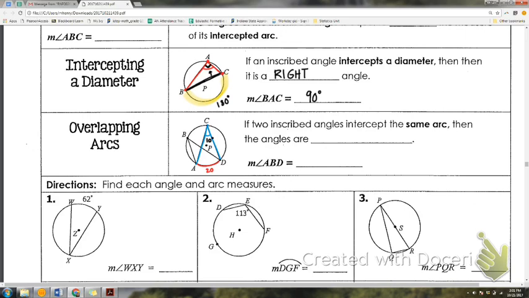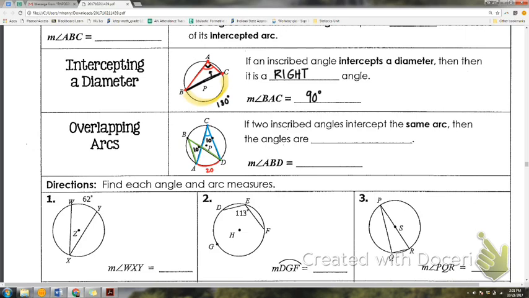But if we look at this other angle over here, angle ABD, notice ABD also opens up to the 20. So angle ABD is also 10 degrees. So what does that mean about our two inscribed angles? Yep, good.